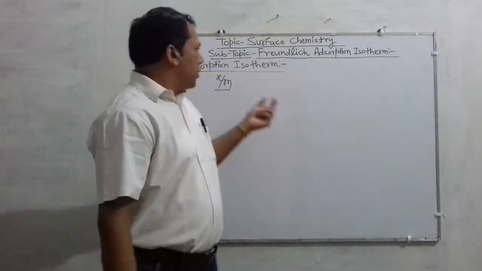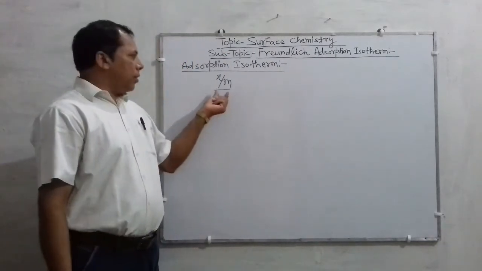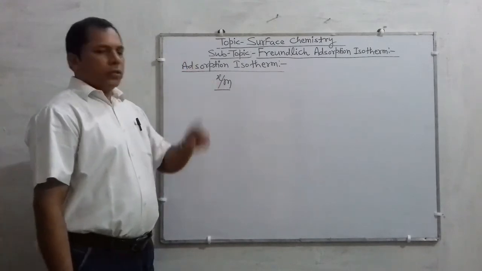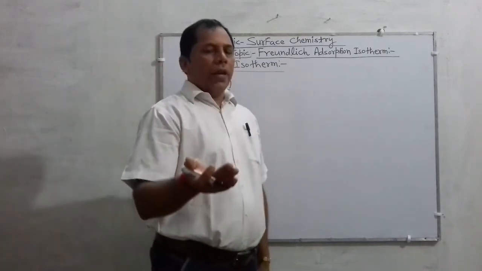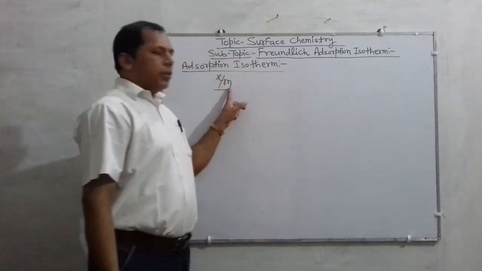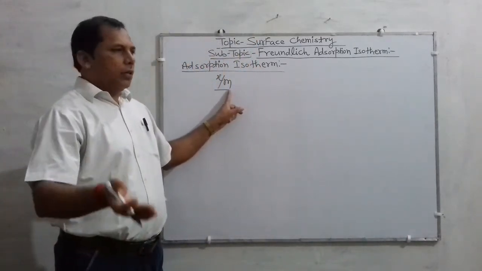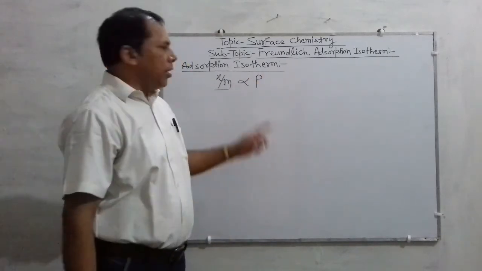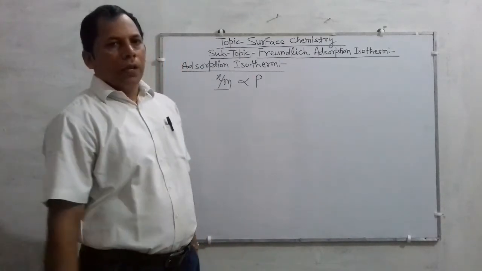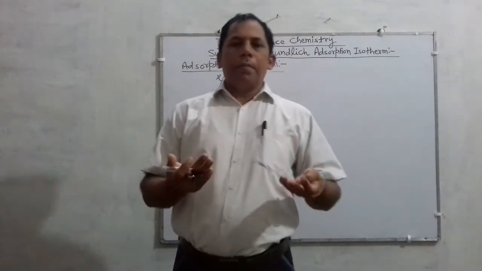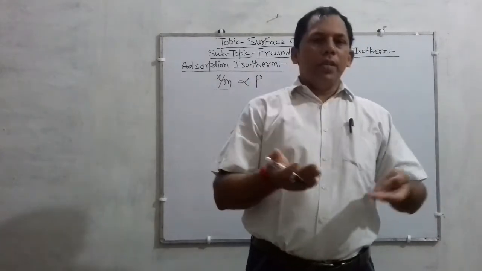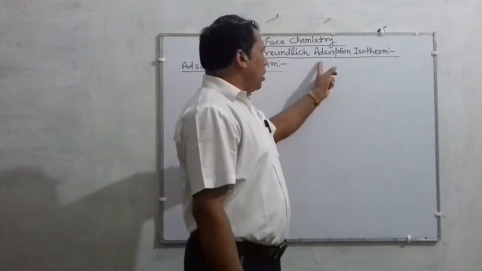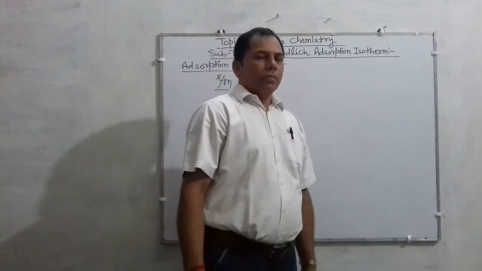When extent of adsorption x upon m, in which x is the amount of adsorbate and m is the mass of adsorbent, is plotted against pressure at constant temperature, then a curve is obtained, and such an obtained curve is called adsorption isotherm.